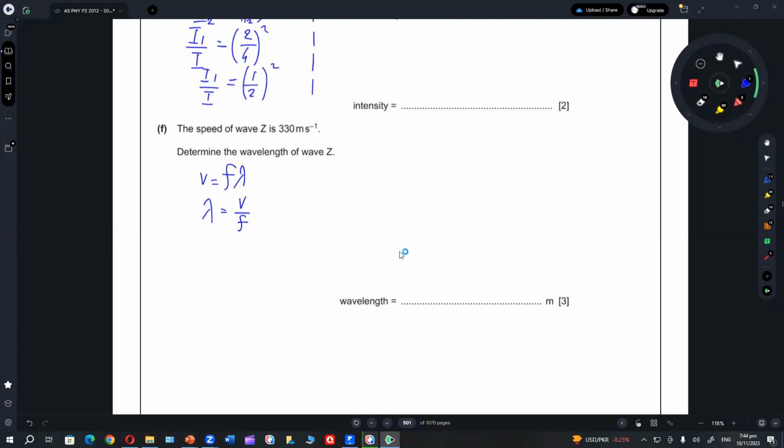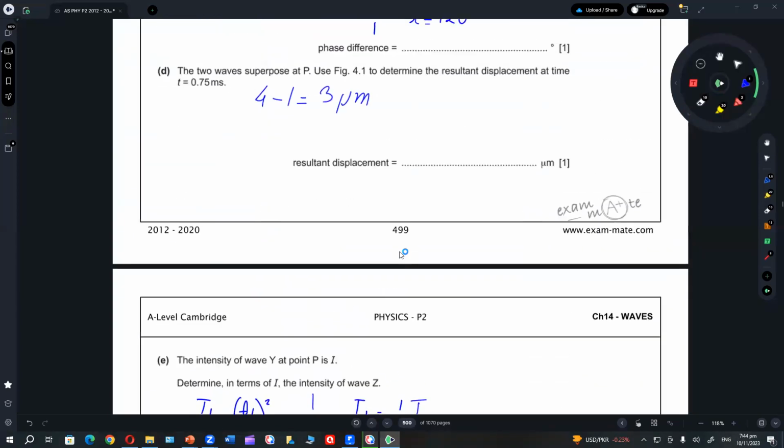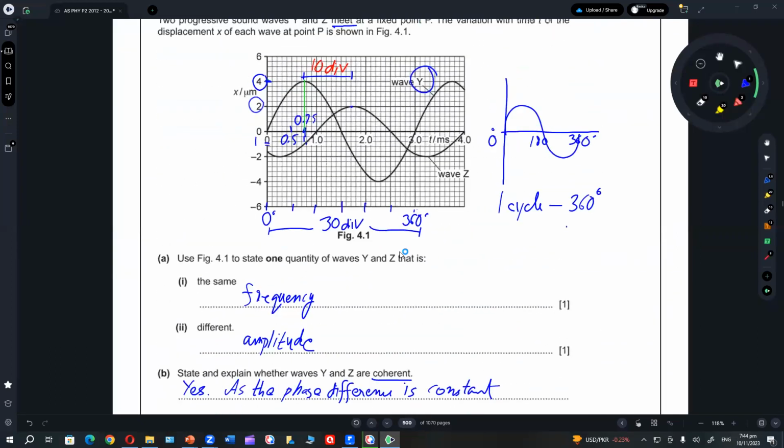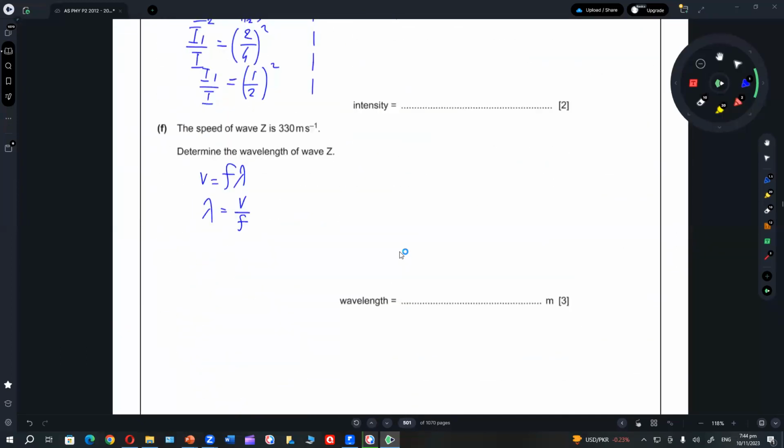I have the speed of z, 330, but what about the frequency? Can I get frequency from here for wave z, or should I use directly the time period? I think it would be better if I use the time period formula because I can read time period directly.